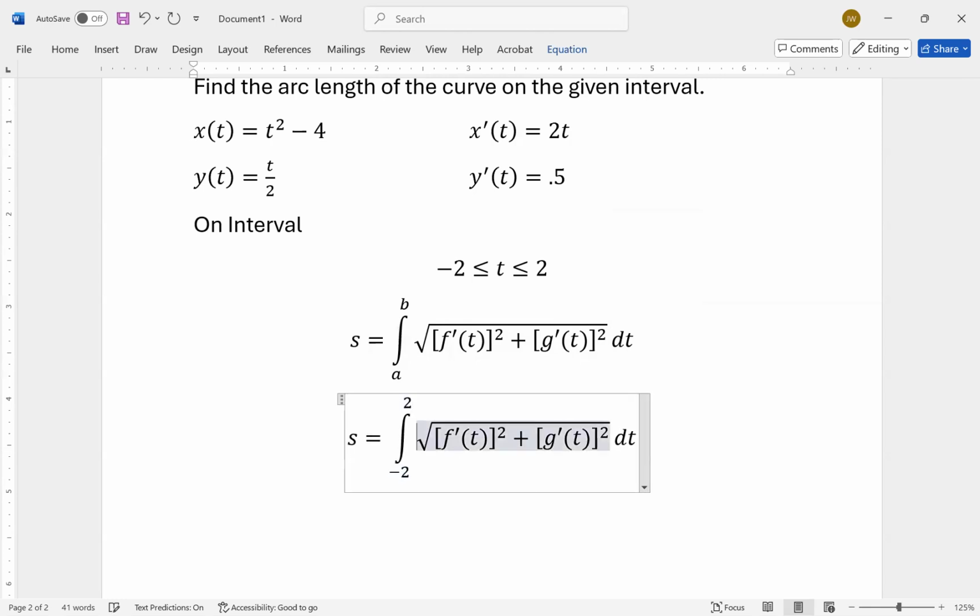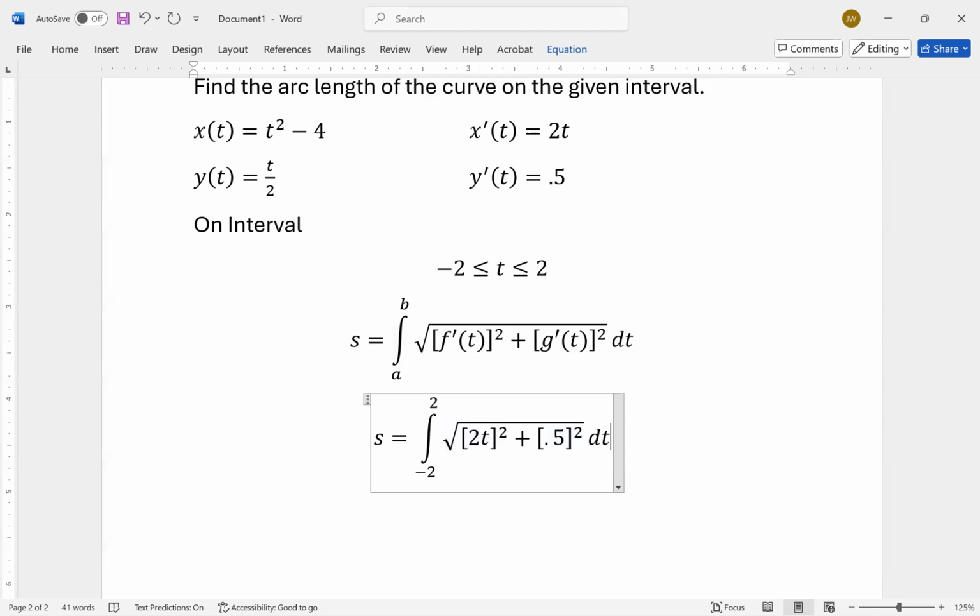The first derivative of f of t, that's the derivative of x with respect to t, is going to be 2t. And then the derivative of y with respect to t is 0.5. And that's what we get.